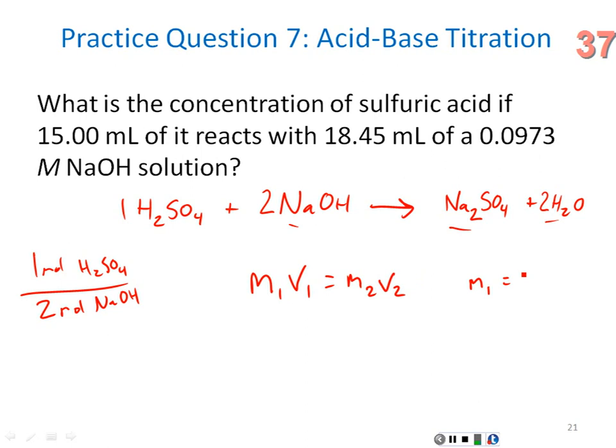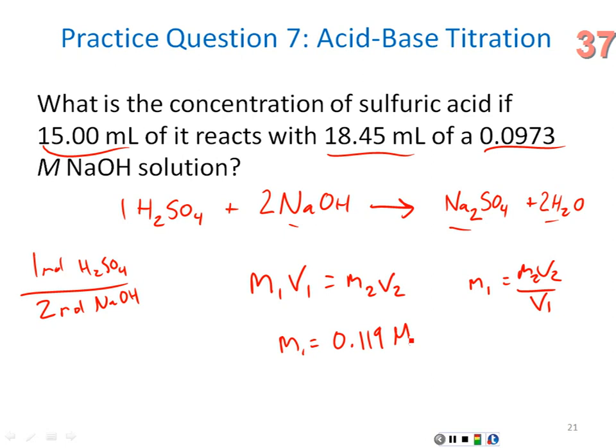M1 equals M2V2 over V1. And we're given M2, we're given V2, and we're given V1. So M1 would be 0.119 molar if you simply plug in the numbers.